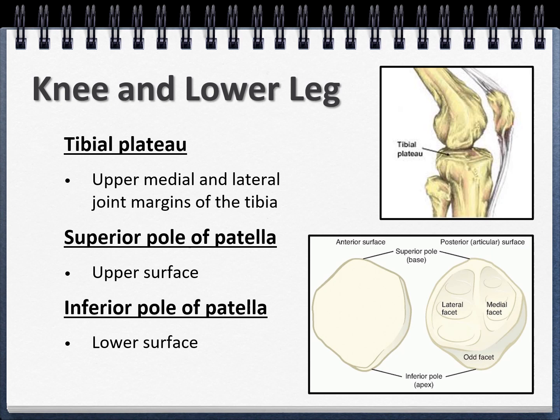The picture of the patella gives you a few other bony landmarks like the lateral facet, medial facet and the odd facet, but you do not have that in your syllabus. So what you do need to know is about the tibial plateau, and the superior and inferior poles of the patella.